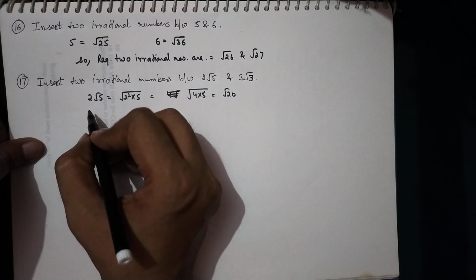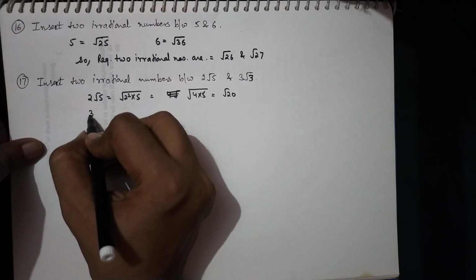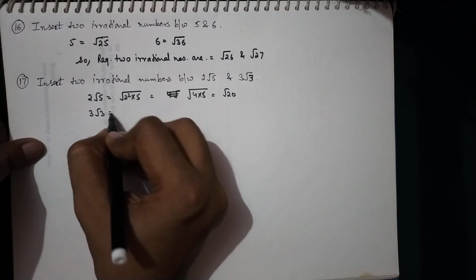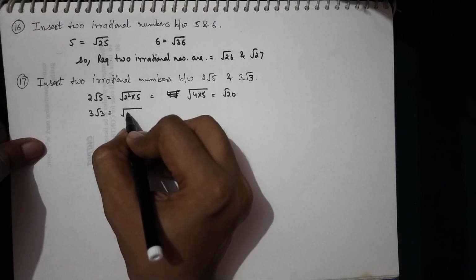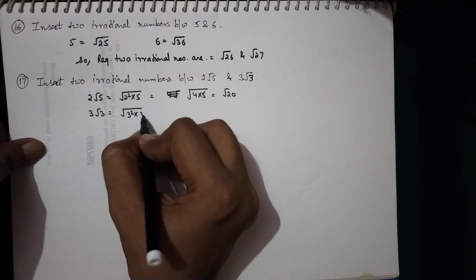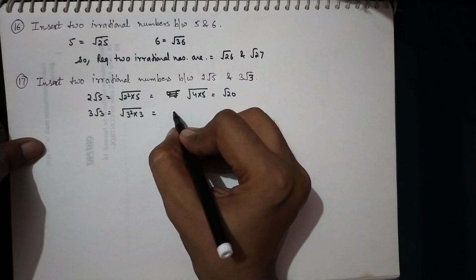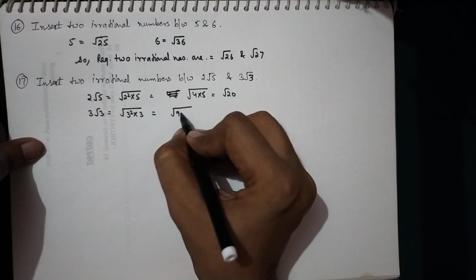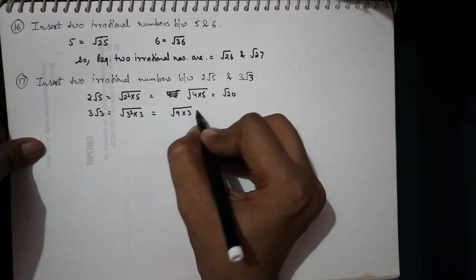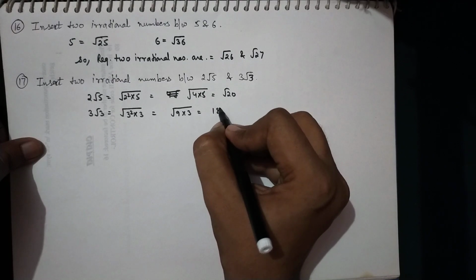Then 3 root 3 equals root of 3 square into 3, that is root of 9 into 3 equals root 27.